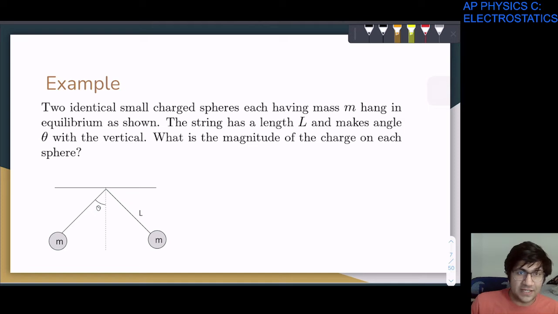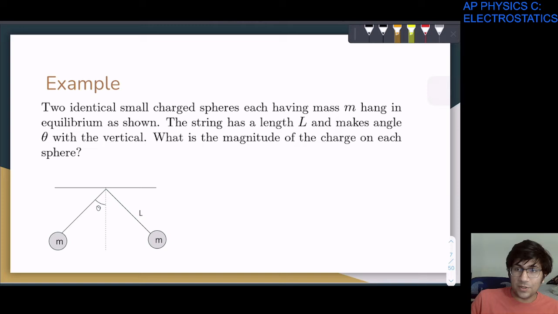All right, let's start with an example. We have two identical small charged spheres, each having mass m, and they hang in equilibrium. In this problem, we're actually going to be mixing both the world of charged particles, as in Coulomb's law, as well as what we learned in mechanics.